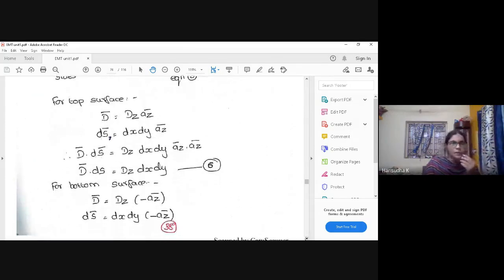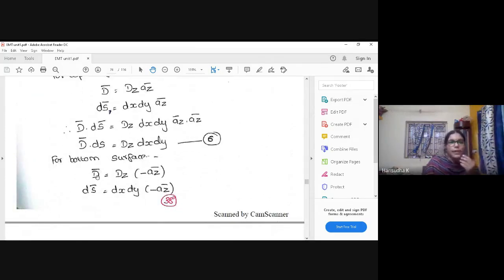Similarly, for the bottom surface, we know that D is equal to Dz and the unit vector in the negative z axis. Since it is in the negative z axis, I have represented the unit vector along the z axis with a negative sign. The differential surface area will be equal to dx dy into the negative unit vector along the z direction.